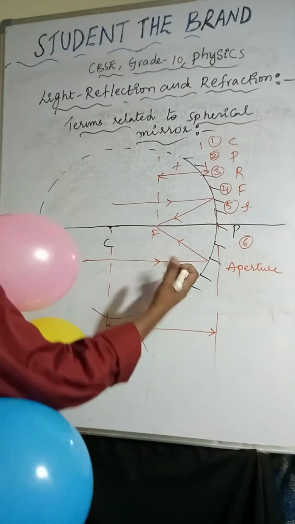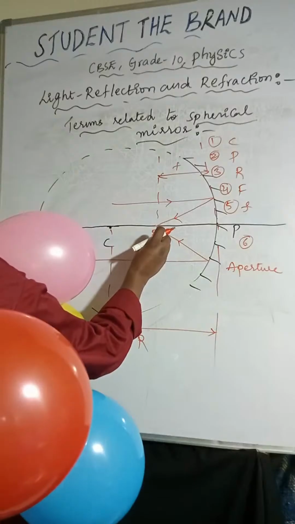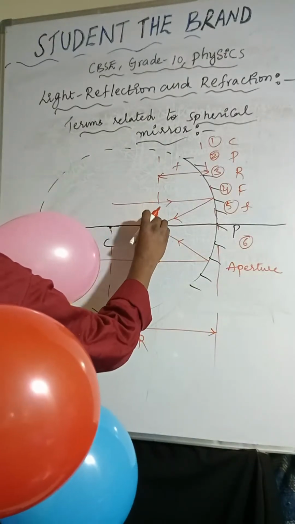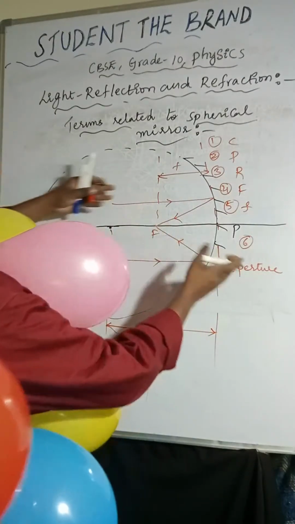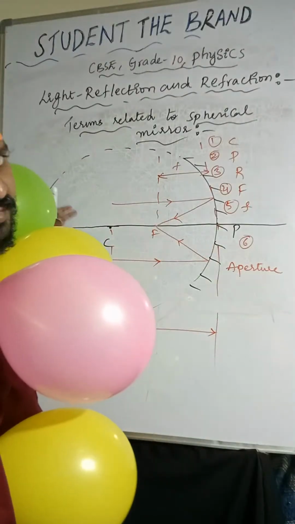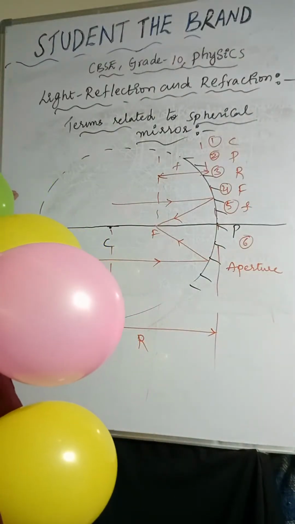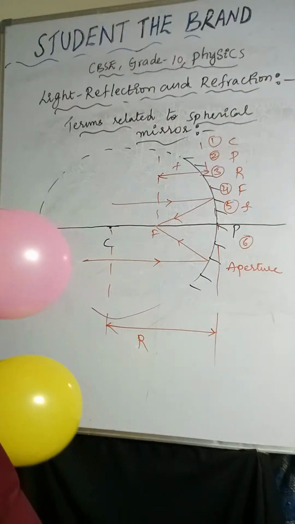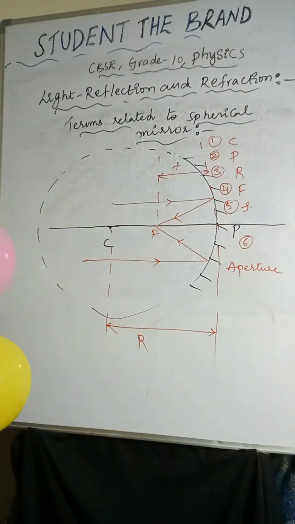Aperture applies to the concave mirror only. If you place a light at the focus, you will get a parallel beam. That's why concave mirrors are used for headlights and torch lights.